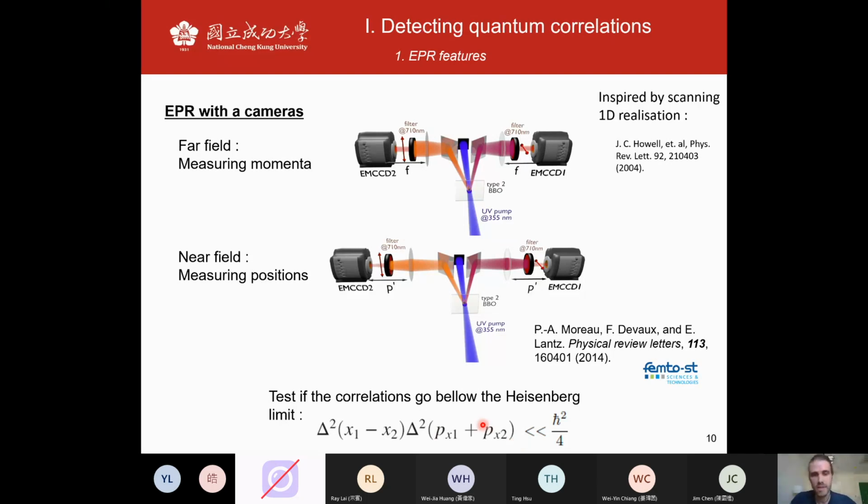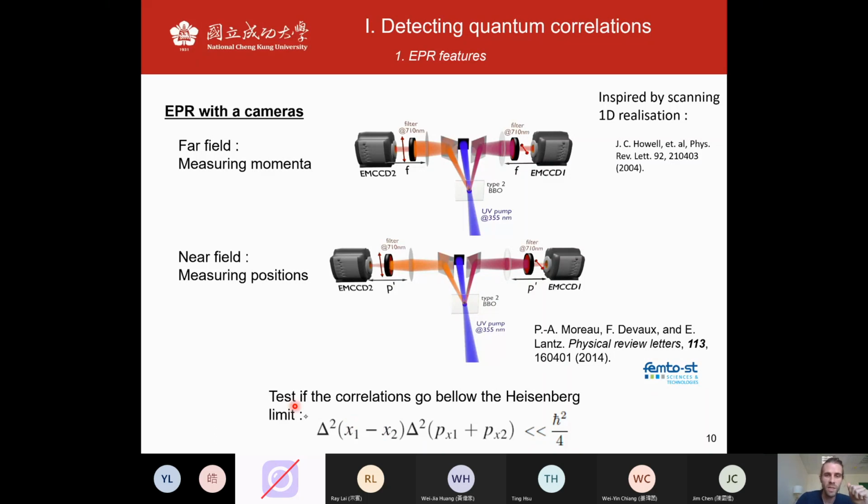And you can show that if the quantum state that you are analyzing is below this Heisenberg limit that you have here for this uncertainty, so it's not violating the Heisenberg limit, because it's a quantity established here for two photons. But still, if you go below this Heisenberg limit, it means that you cannot explain the experimental results by a so-called local hidden state.